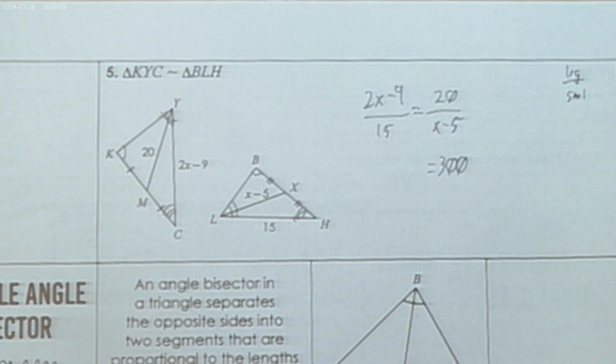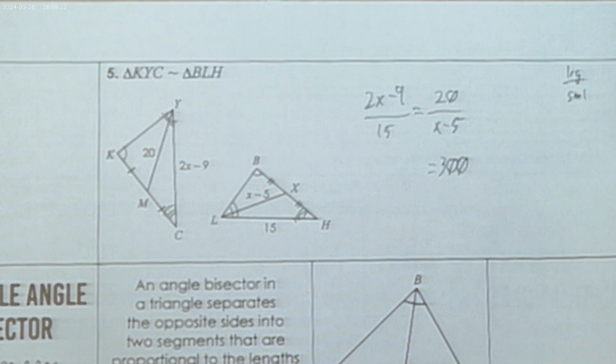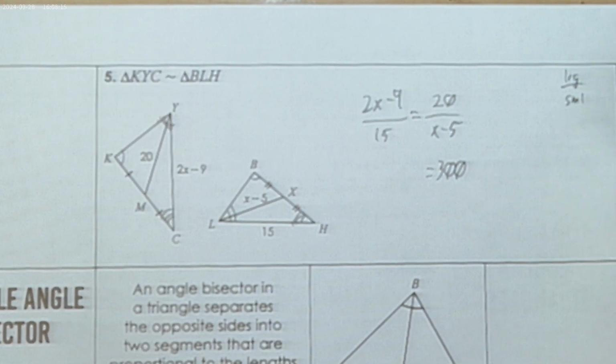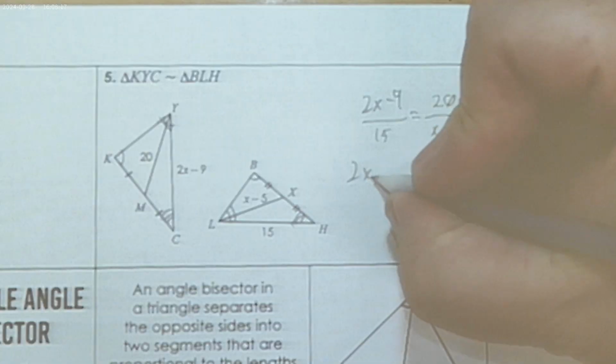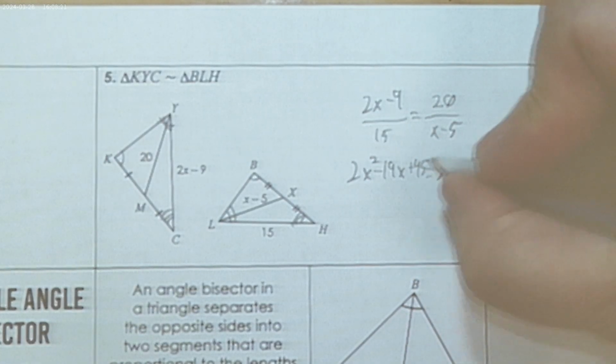Enter. Alrighty. So that looks like we've got 2x squared minus 19x plus 45.